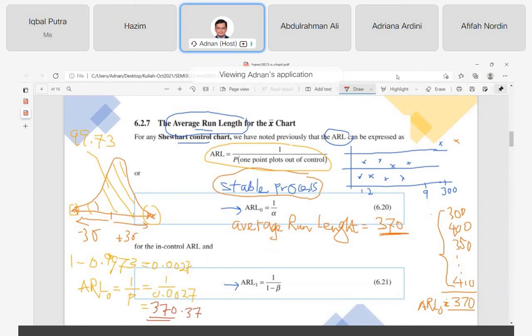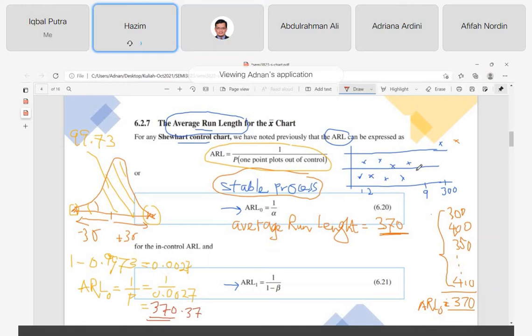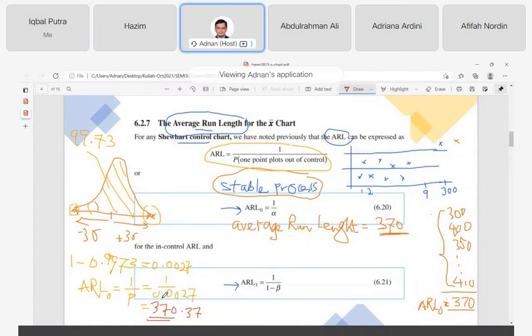Doctor, the false alarm occurs every 370, and the next one can happen anytime? Yes, it can happen anywhere, but normally on average, like I said just now, maybe it happens the first time at 300. Then you stop the process, and you find out that there is nothing wrong with the process; because of sampling it created a false alarm, and then you move on with the process.